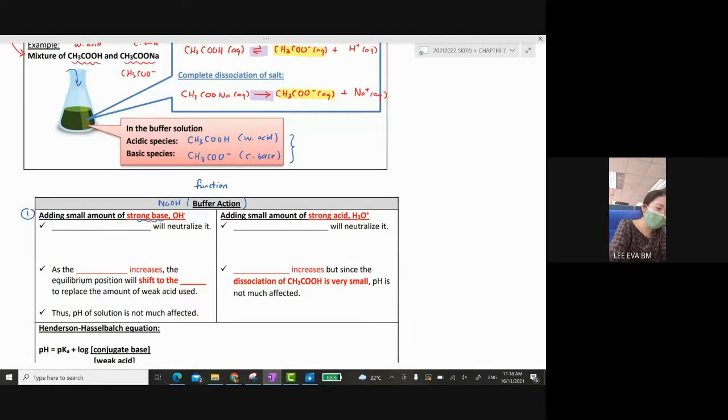Okay, so fill in the blanks over here. The choice in this acidic buffer is the weak acid CH3COOH. So acid-base neutralization. Okay, and then I leave a blank space over here for you to jot down. So OH minus is the one that we added, the extra one.